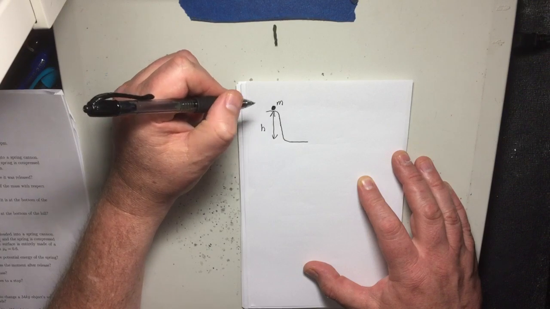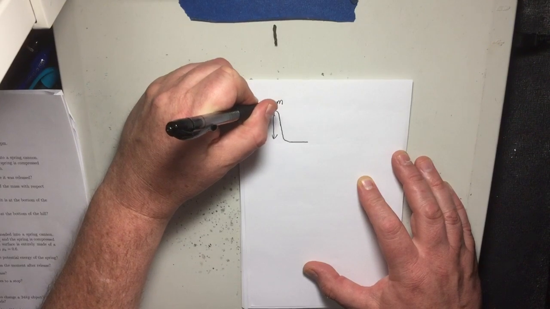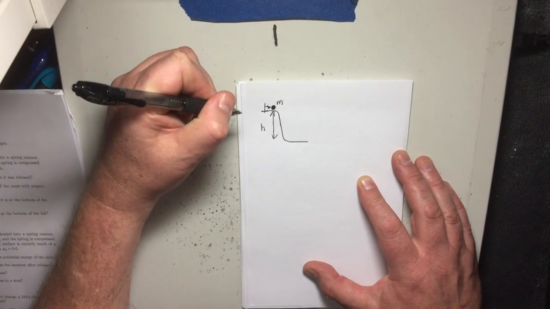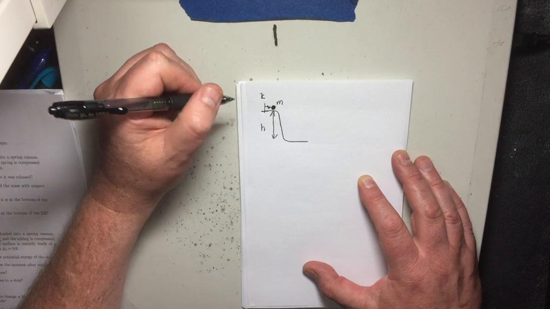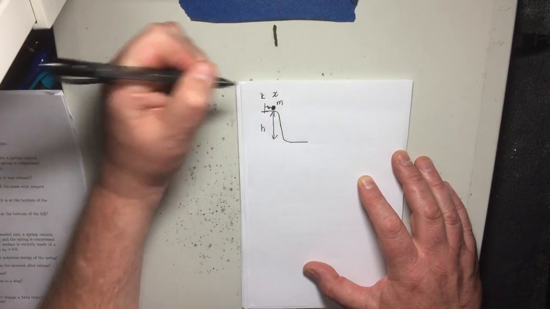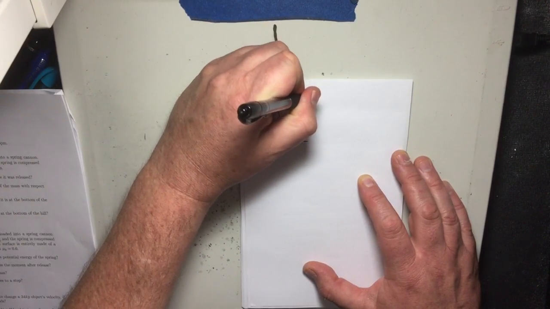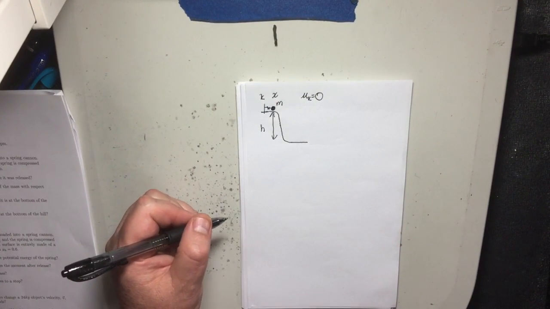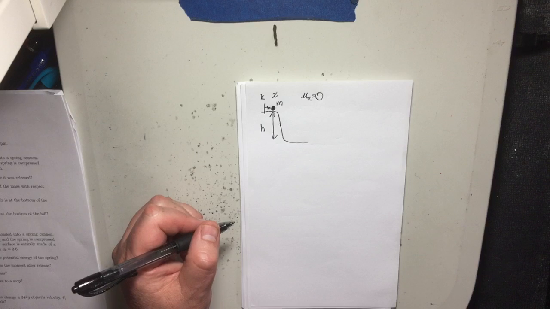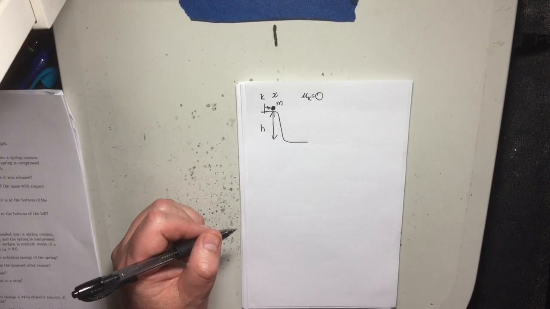It's loaded into a spring cannon, so there's a cannon, and the cannon is fixed. The spring constant is given, and the compression distance is given. There is no friction. Yay, no friction. So we're going to do it with letters, and then you guys can come through and pick apart the numbers.